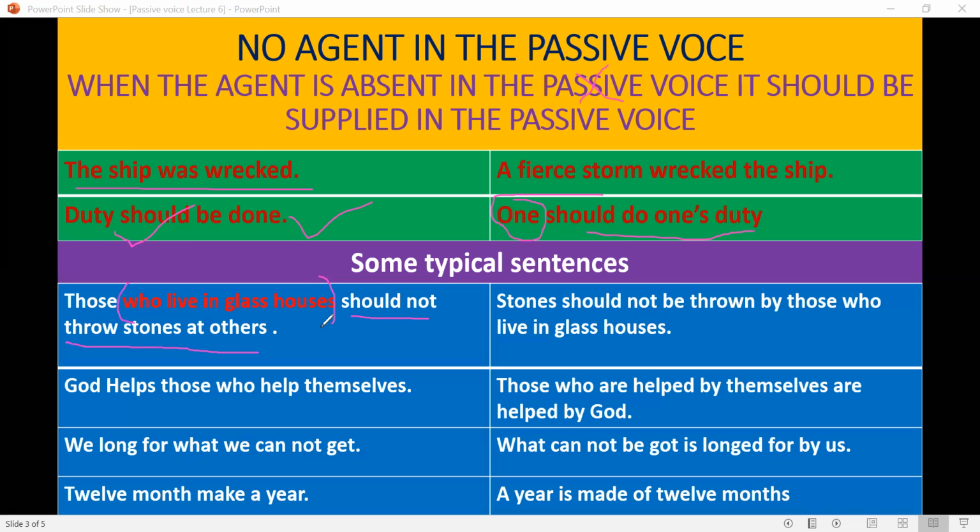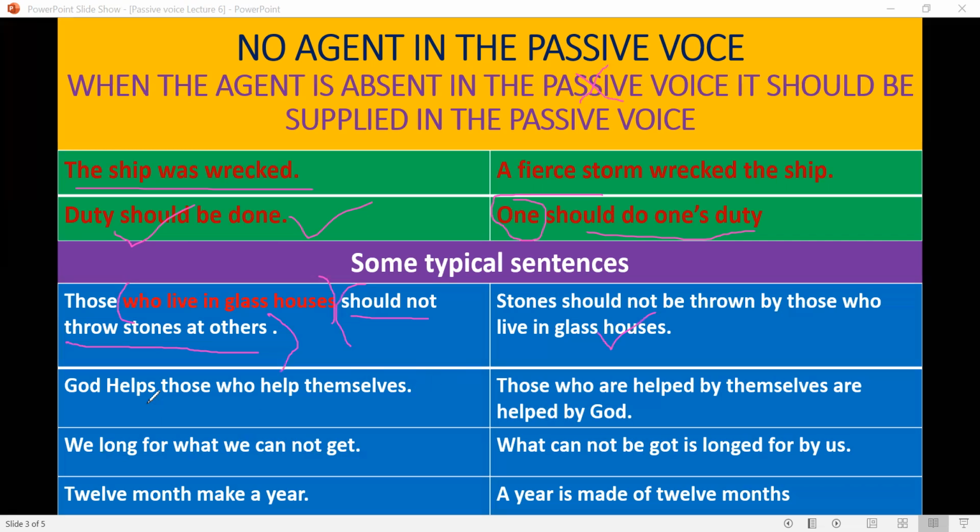We can make passive voice of this part of the sentence: stones should not be thrown. And now we can use the other half like this: by those who live in glass houses. We retain the same tense of this clause.